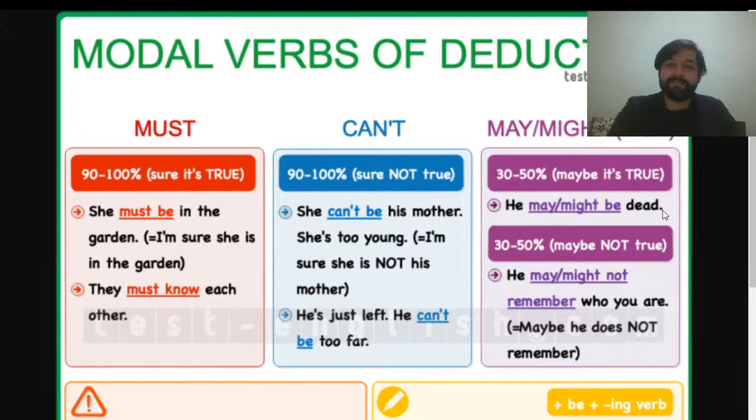He may be dead, he may not be dead. I don't know. Or he may or might not remember who you are. Oh, it's been a long time since you visited him, so he may not remember who you are. So there's a chance, but it's not very strong. So may, might, and could are like 50%. Must, very strong, and can't, very strong, but in opposite directions.